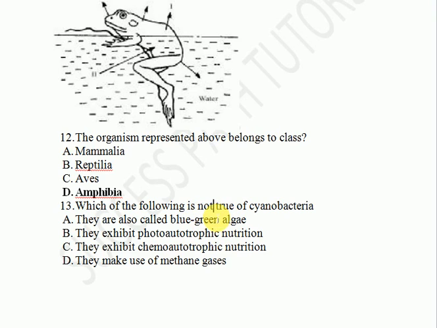Please pay attention to that. They are also called blue-green algae, that's correct. They exhibit autotrophic nutrition, that means they can photosynthesize. They use chemicals, that's correct. They use methane gas, that's correct. So the answer is that they exhibit autotrophic nutrition.